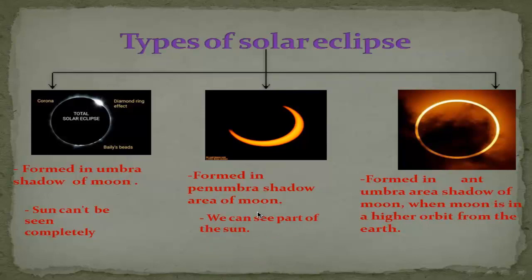In partial solar eclipse, the moon is nearly in the middle between the sun and Earth, so we can see part of the sunlight. At the third type, the moon is very far from Earth, so the sun appears as a lighted ring.